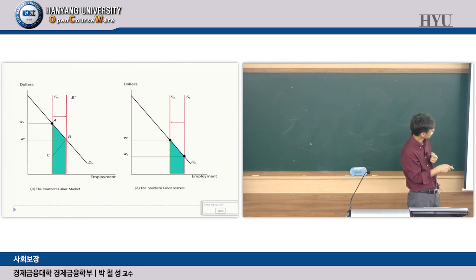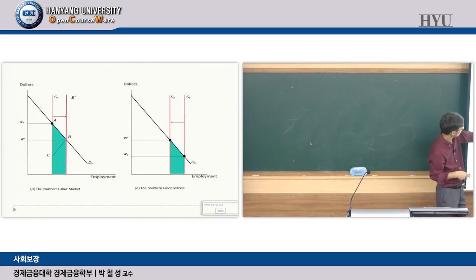So in the north, it changes from A to B. In the south, no label, but anyway, from here to there. Okay? So what happens here is that this is the gain of production. This blue trapezoid is the gain of production in the north, and this smaller one is the loss of production in the south. And obviously, which one is bigger?